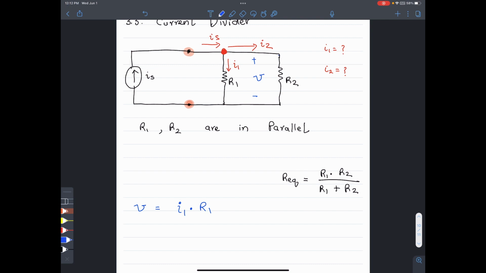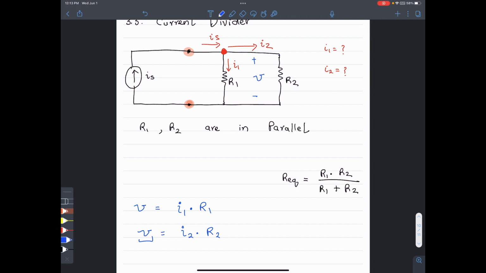That's also the same voltage that is dropped across the resistance R2. So by Ohm's law, I2 times R2 is the voltage dropped across the resistance R2 as well. Now what we can do is see what values we can plug in place of V.